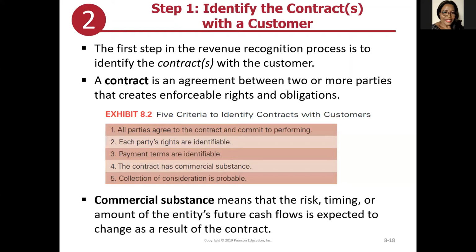Let me say that one more time. Each party's rights with respect to the goods or services that are being transferred are identifiable.